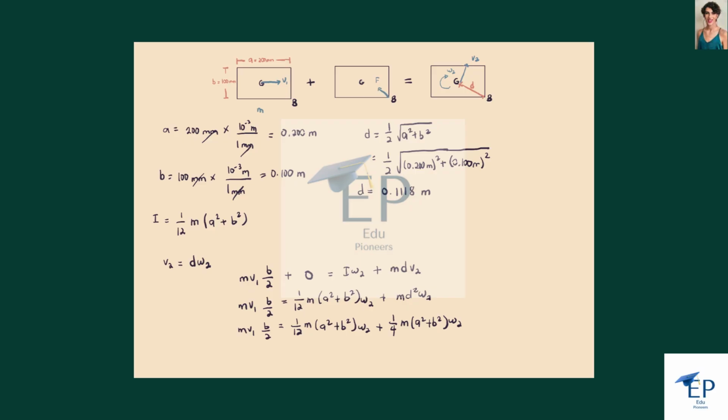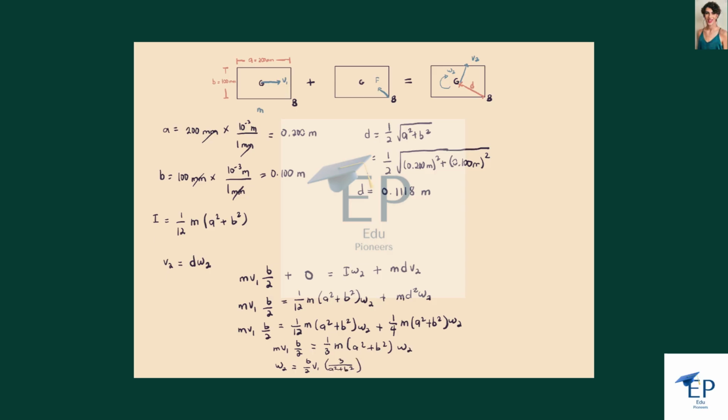Simplifying the equation, this becomes m v1 b over 2 equals 1/3 m times a squared plus b squared times omega 2. And finally, omega 2 is equal to b over 2 times v1 times 3 over a squared plus b squared.